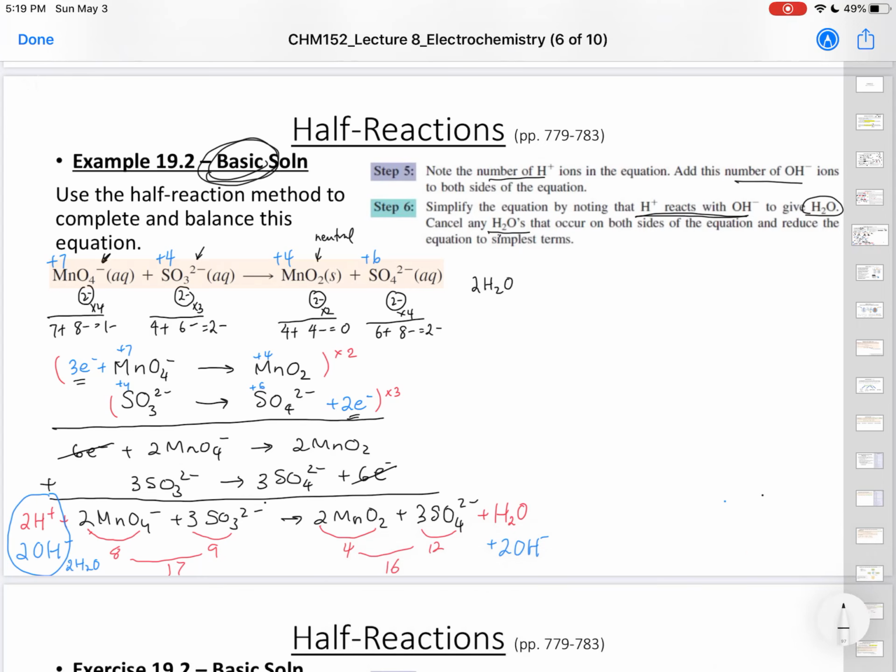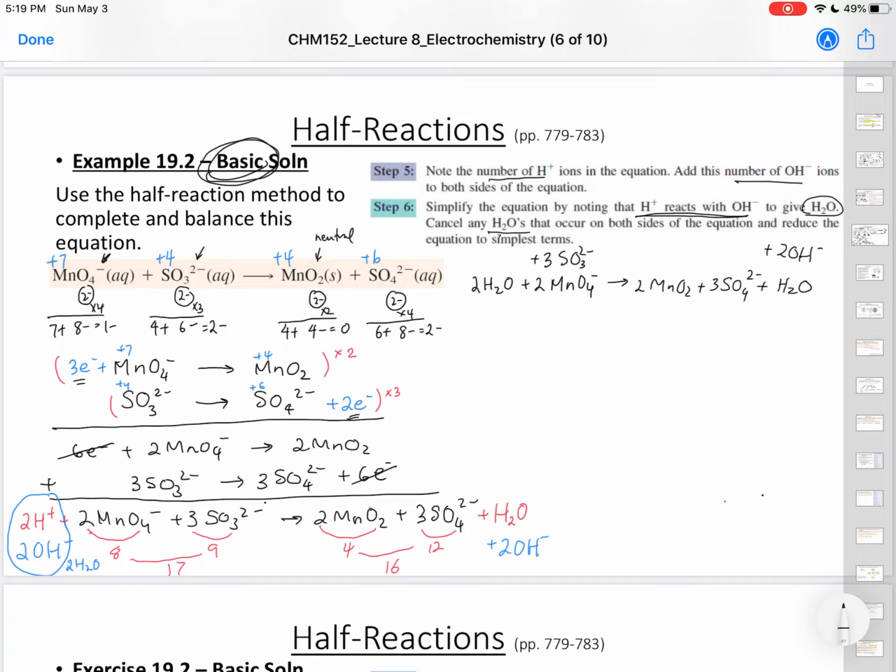2 waters instead of 2 H pluses and 2 OH minuses, plus 2 MnO4 minus, plus 3 SO3 minus, gives me 2 MnO2 plus 3 SO4 minus plus H2O plus 2 OH minuses.